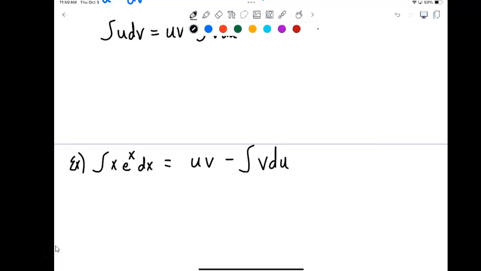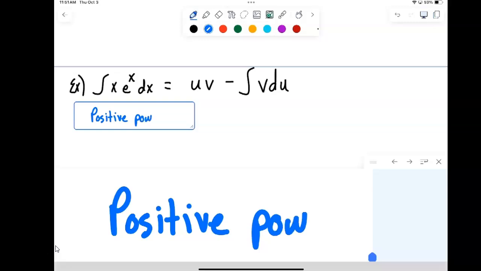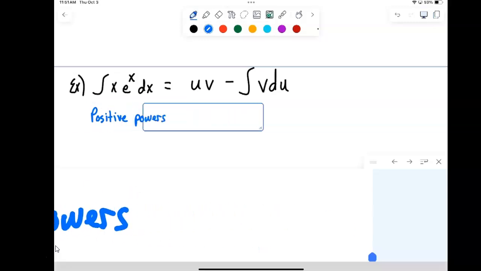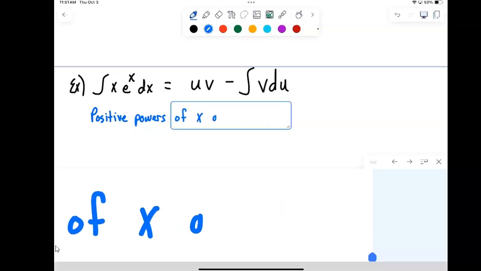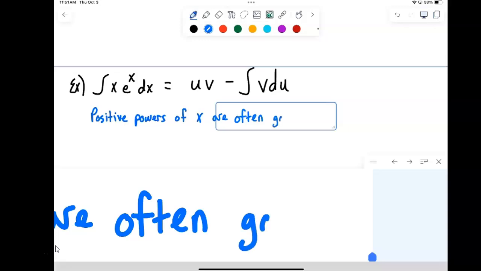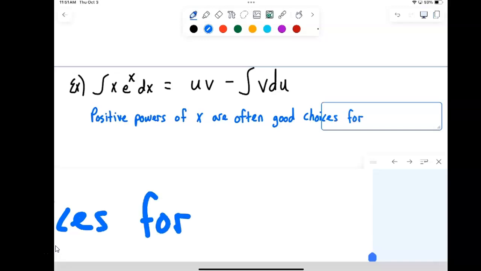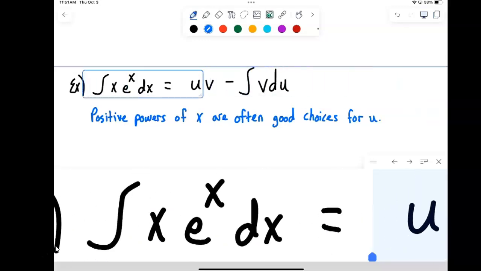But generally speaking, if they're involved, positive powers of x are often good choices for u. And that's because as you keep taking derivatives of a positive power of x, eventually they're going to disappear and be just a constant, right? Like, for example, here the derivative of x is just 1 dx.